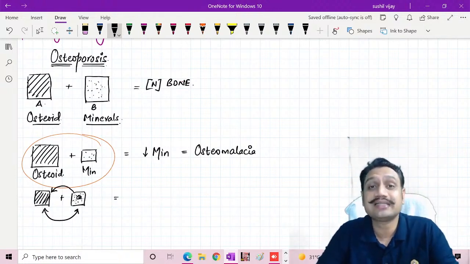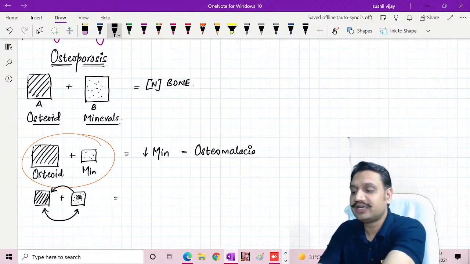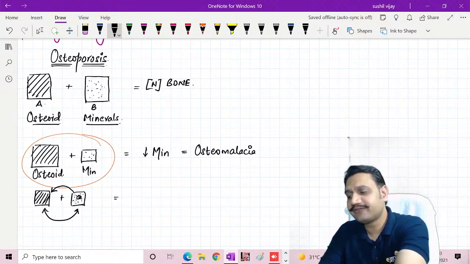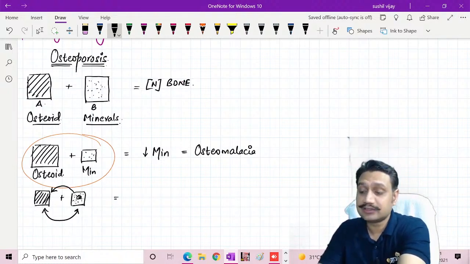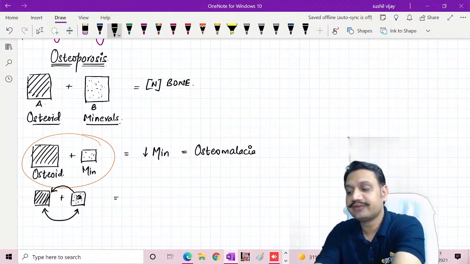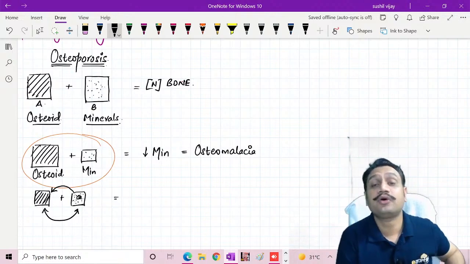Osteoid means the cells and its proteins. That means whatever mineral is present, it is enough to give the proper mineralization to the cells. So minerals are less, osteoid is less, but whatever less quantity is present, it is enough for the remaining osteoid. So that is the meaning of osteoporosis.